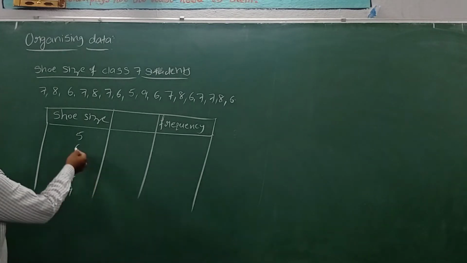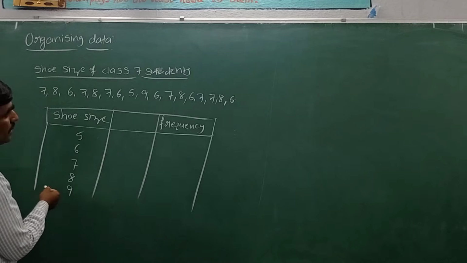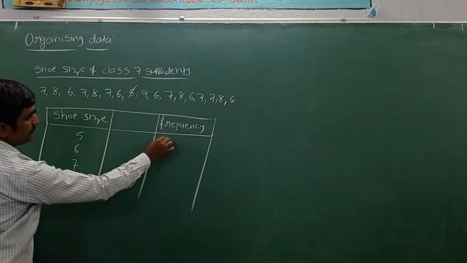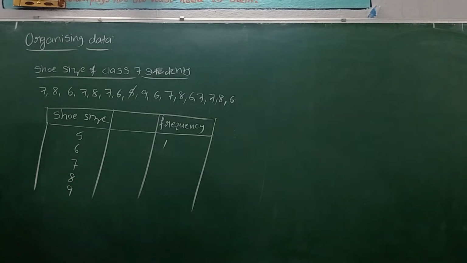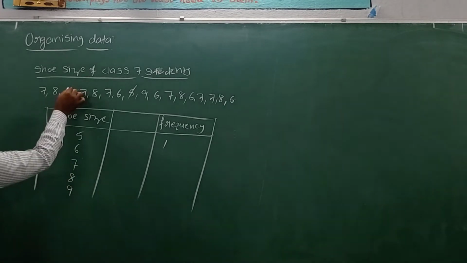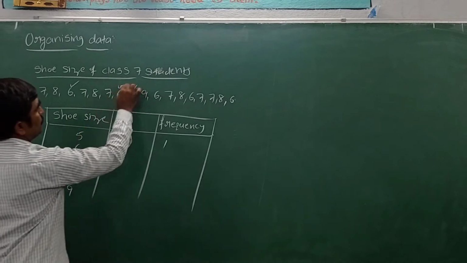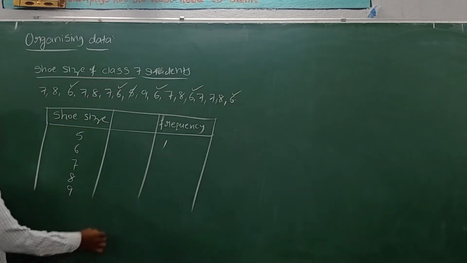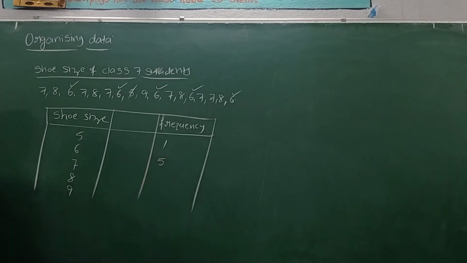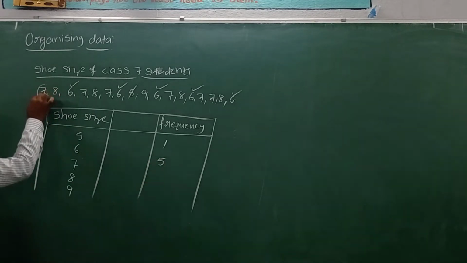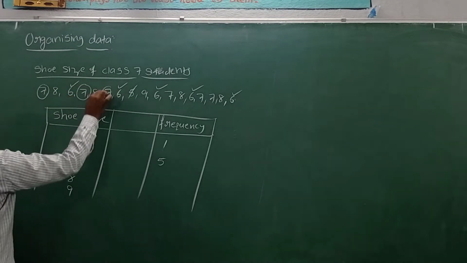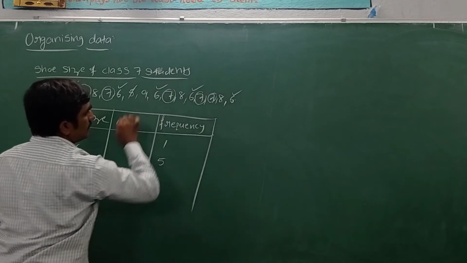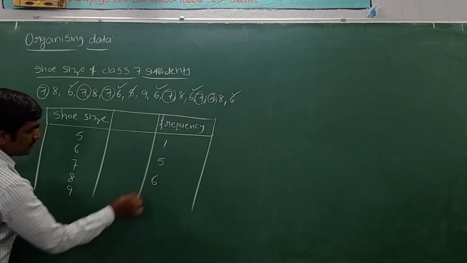Now let's count how many students have shoe size 5. Only one student. How many students have shoe size 6? I can see 1, 2, 3, 4, 5. 5 students have shoe size 6. Now 7: 1, 2, 3, 4, 5, 6. 6 students have shoe size 7.